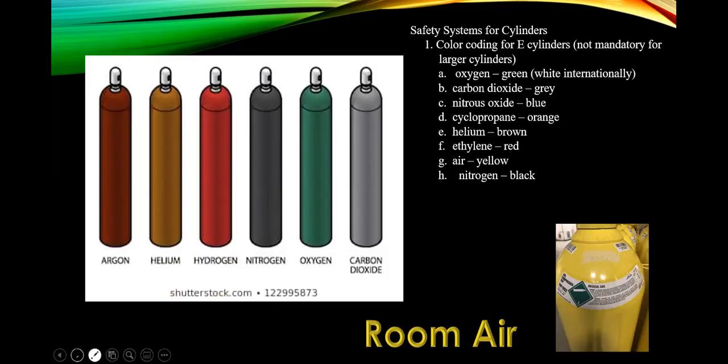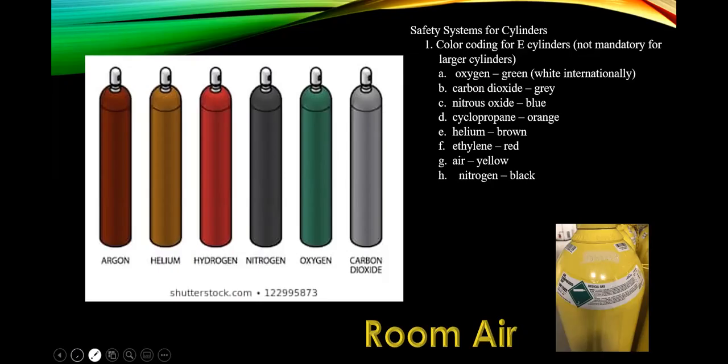So what do you think would be a good next safety system? Okay, what if I'm colorblind? What do you think would be something that would signify the difference between some cylinders? Size, well, that would be good for distinguishing how much I've got, but what about safety?